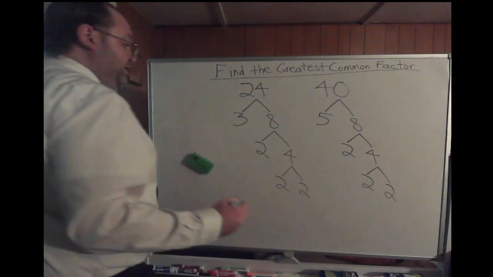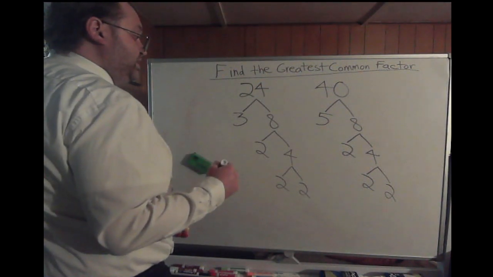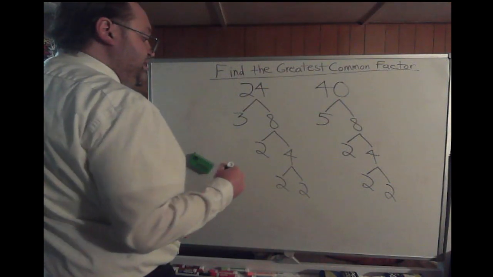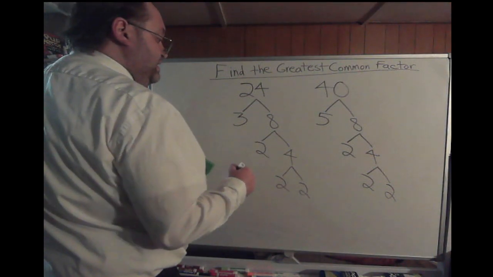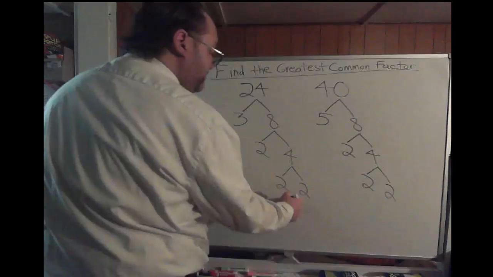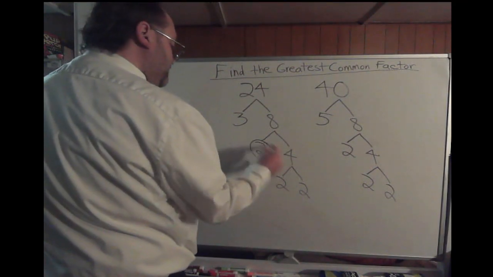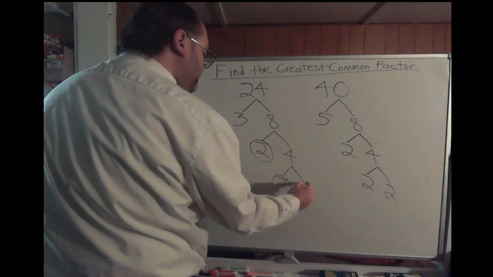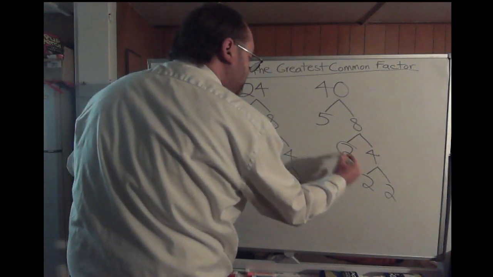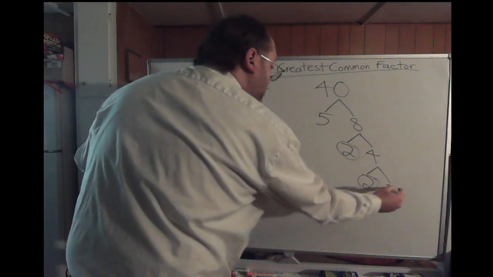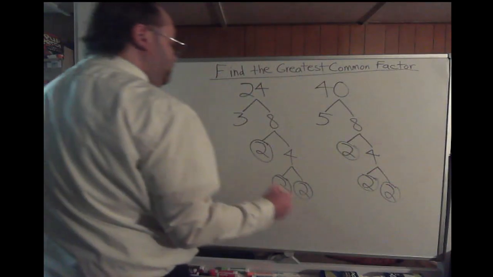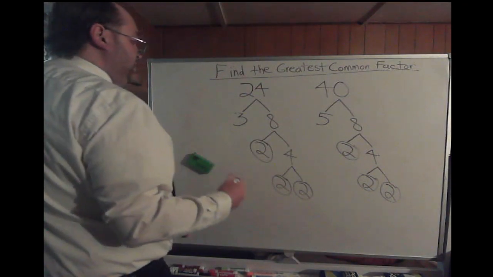Now, what you want to do is circle what numbers they have in common. Let's see. They each have 1, 2, 3 twos. So we got 3 twos in common for each one. 3 and 5 are not common to either of them.